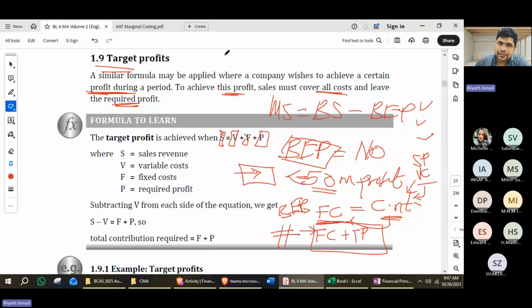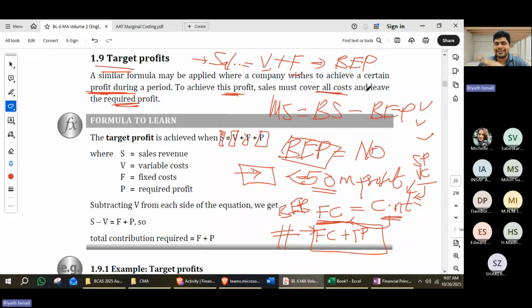If sales cover variable cost plus fixed cost, this is the break-even point. Sales value minus variable cost equals contribution. That contribution should be equal to fixed cost, then BEP.